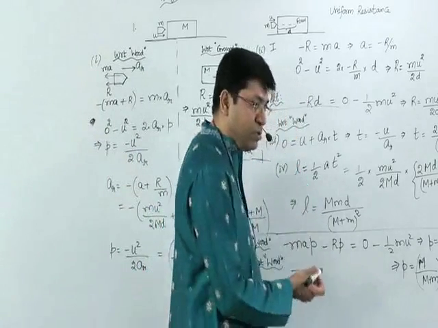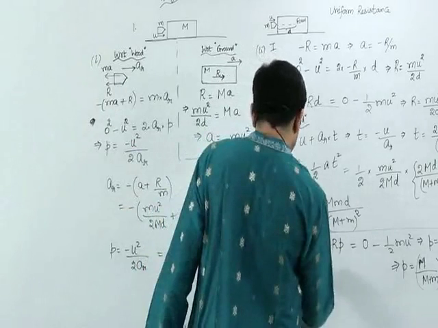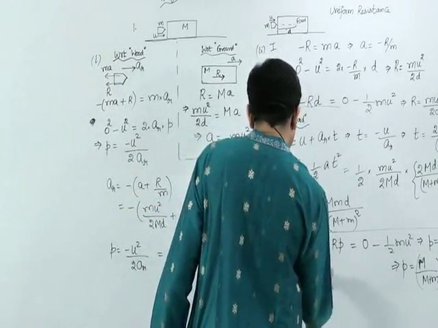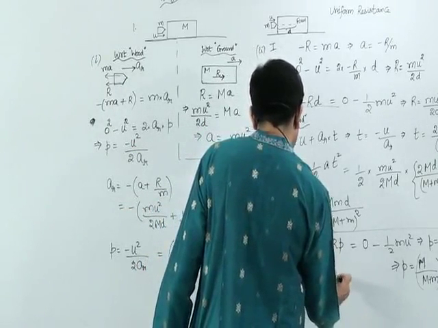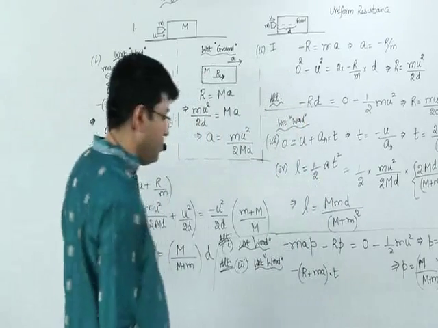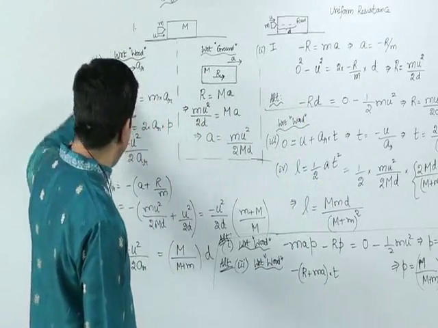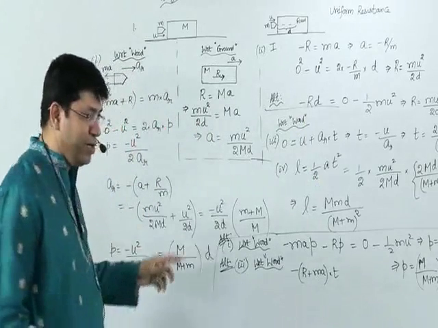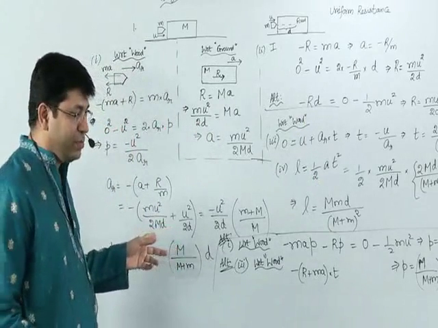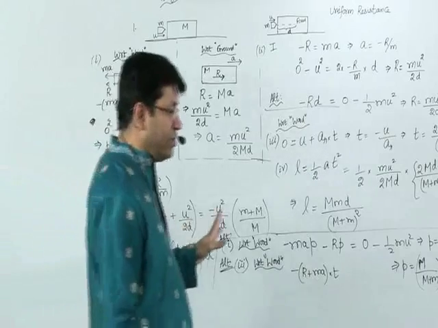Constant force. Since it is a constant force, minus of R plus MA times T. Minus of R plus MA times T. This is the net impulse.